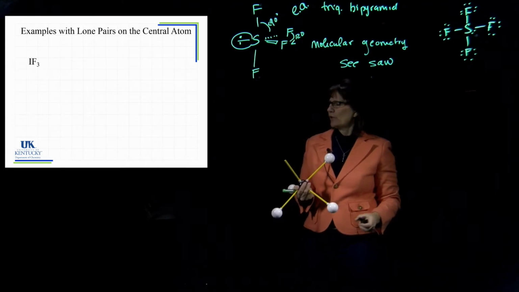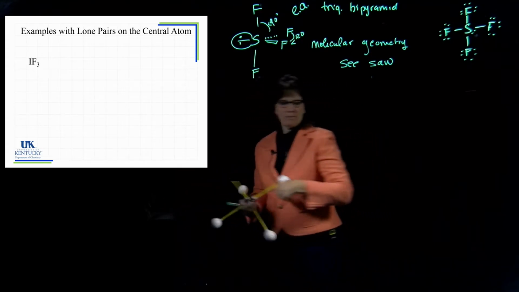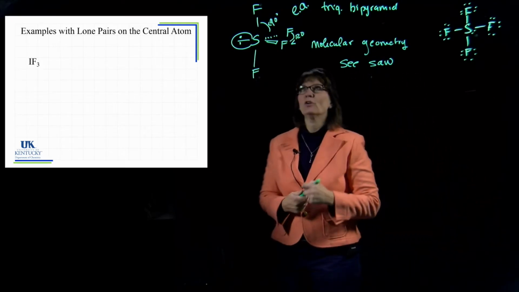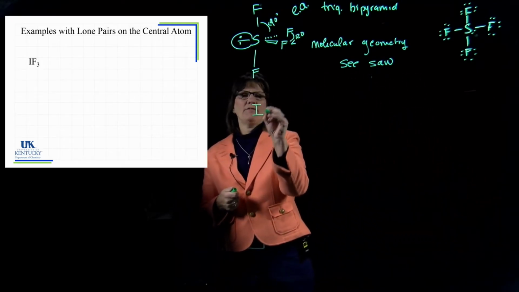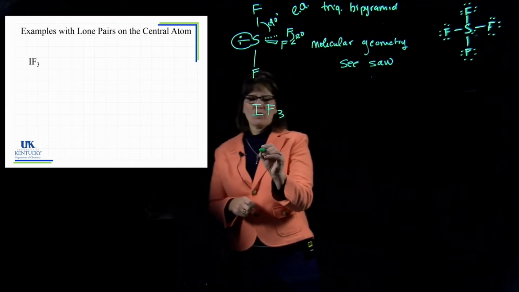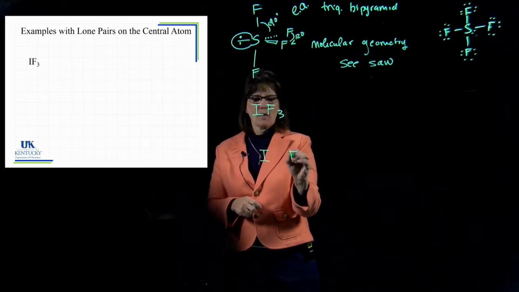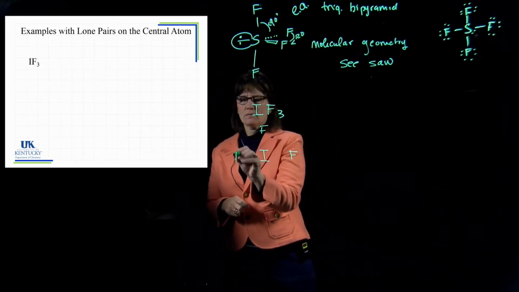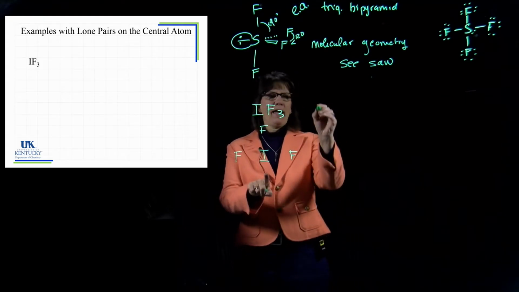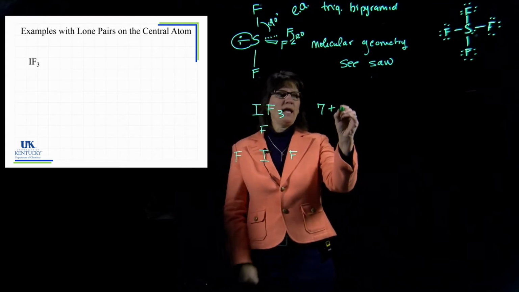So the next one we're going to do is IF3. So let's put my model down, and let's do a Lewis structure of IF3. We know that I is the central atom. We know that it's surrounded by fluorines. Okay. We go and count valence electrons. I has 7. Each fluorine has 7.